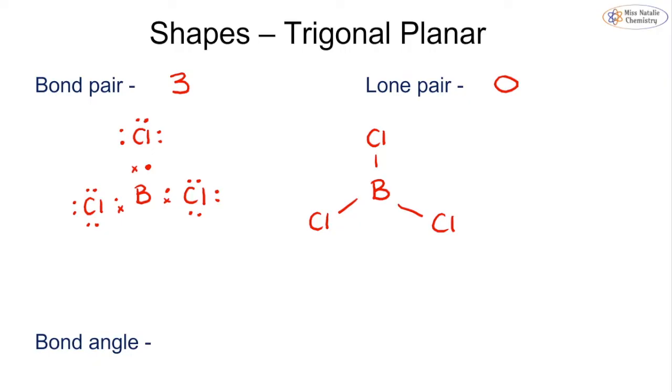Okay, we have that on our dot and cross diagram, and we get a bond angle here of 120 degrees, because we have obviously a 360-degree circle, and if we have 3 bonding pairs, to be as far apart as possible, we're going to split it into 3 120 segments. So each of the bond angles are going to be the same.